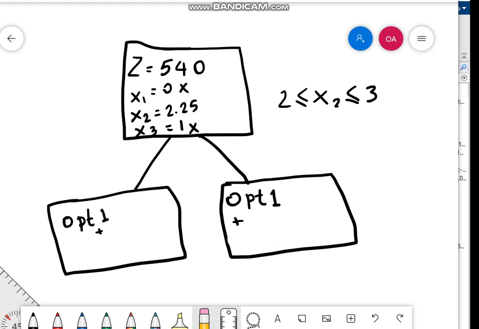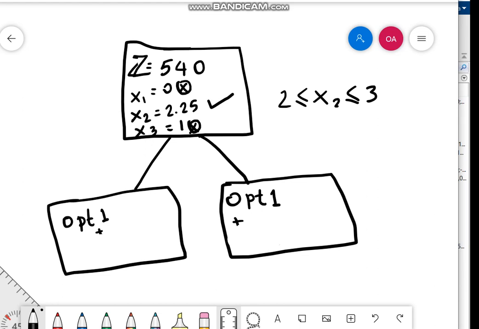So we end up with z around 540, where x1 equals 0, x2 equals 2.25, x3 equals 1. We don't have a problem with x1 or x3, but only with x2. The interval gives us a problem when x2 is between 2 and 3.